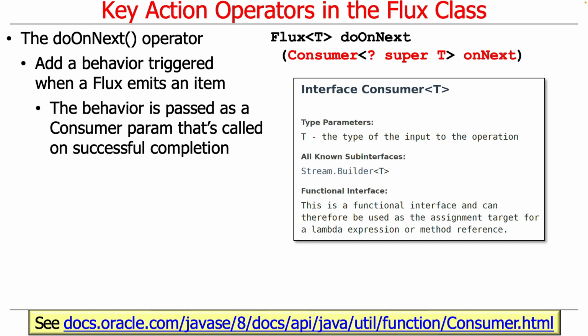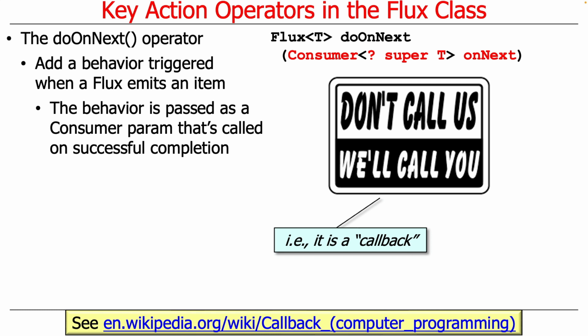So if it succeeds, then doOnNext will be called. And a consumer is an interesting functional interface defined in Java 8 and beyond, which has a method that's called back automatically in order to accept the item. So in other words, you can think of doOnNext as a callback. It's going to get called back under certain circumstances.